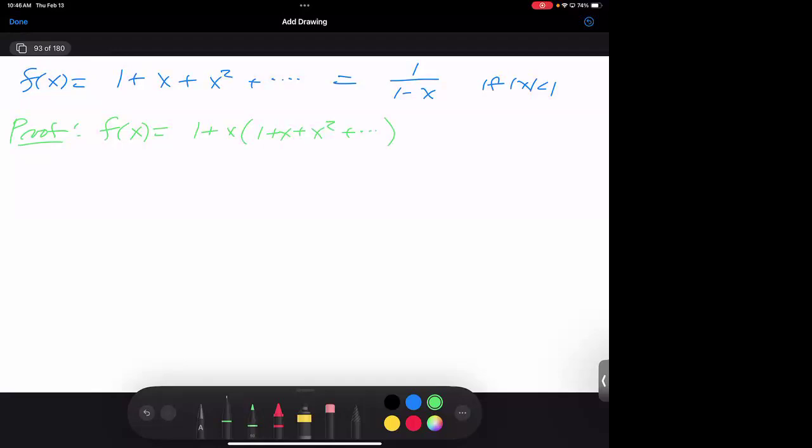It's just f of x again, right? So I would get f of x is 1 plus x f of x. Therefore, (1 minus x) times f of x equals 1. Therefore, f of x is 1 over 1 minus x. So long as everything converges, this is fine. Let's see something interesting about this.